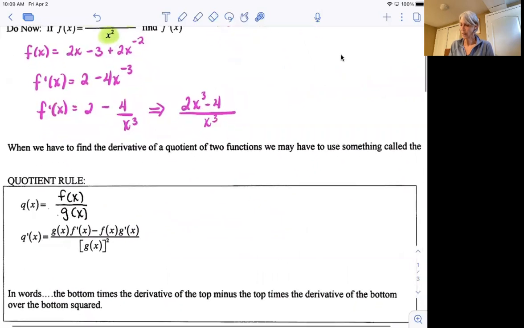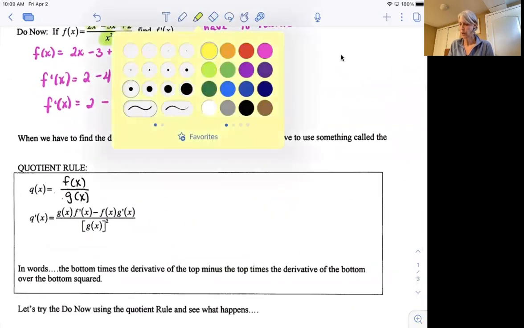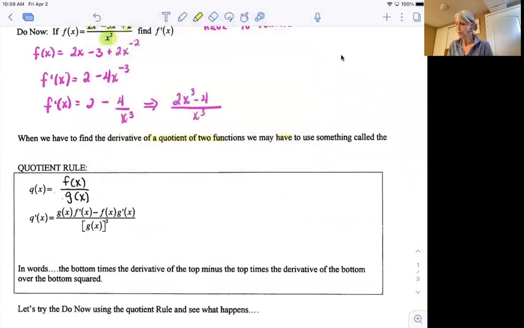Okay, so when we have to find the derivative of a quotient of two functions, we may use something called the quotient rule. Okay, so when we have one function over another function, the derivative is g of x times f prime of x minus f of x times g prime of x over g of x squared.